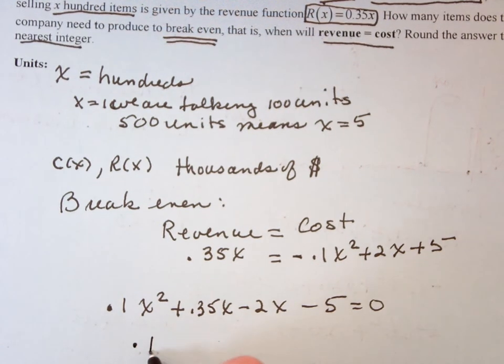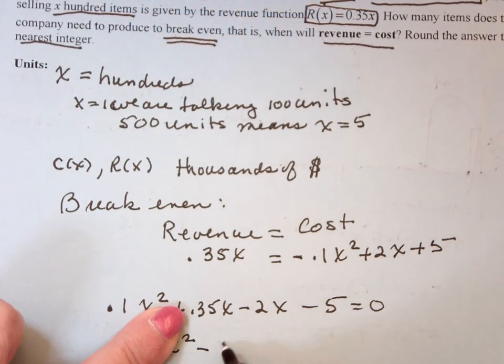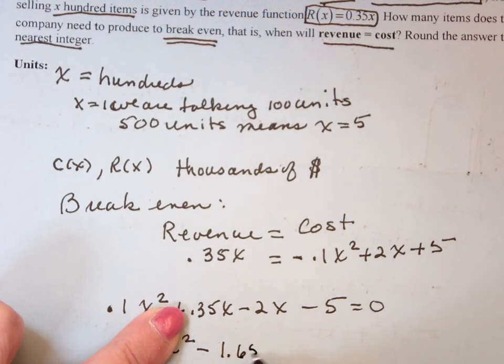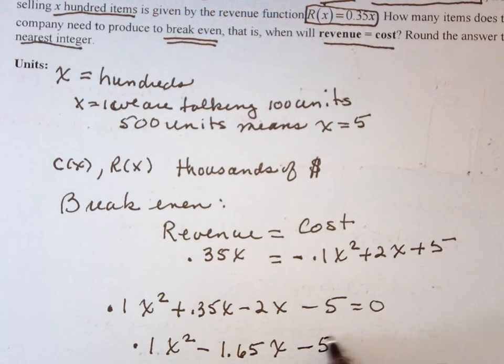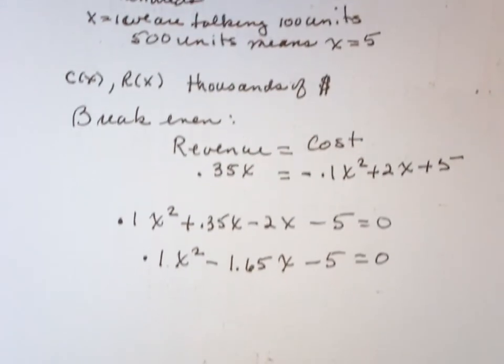Or 0.1x squared. This is going to be a minus because 2 is bigger than 0.35. It's going to be 1.65 minus 5 equals 0. Now, of course, that's not going to factor.